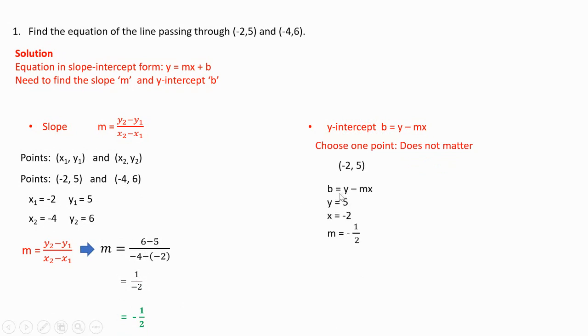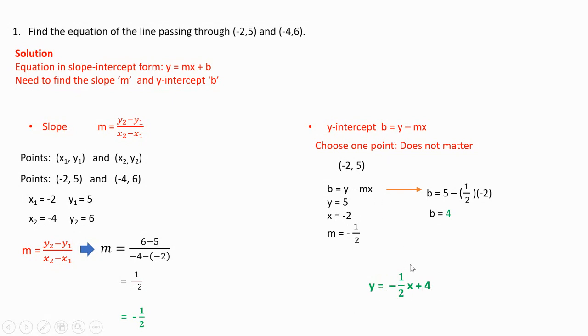So I have my formula again, b equals y minus mx. My y is 5, my x is negative 2, and my m is negative 1/2. So all we do is plug them in and evaluate, so we get b equals 4. So my equation is y equals negative 1/2 x plus 4.